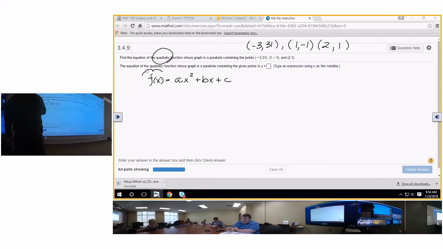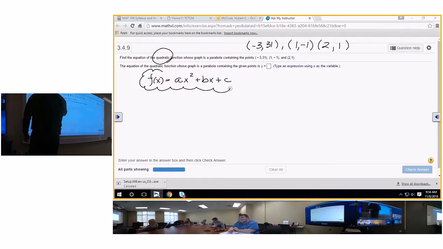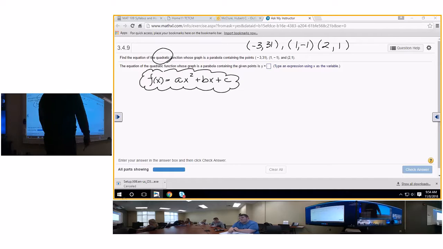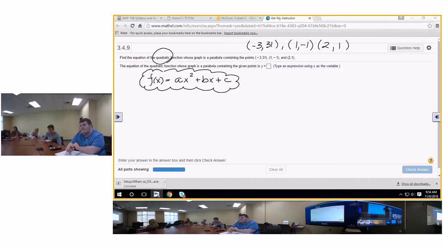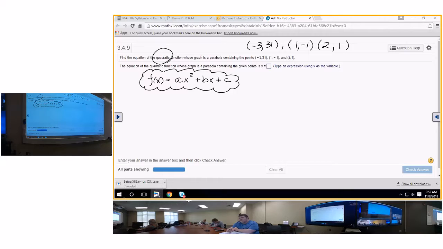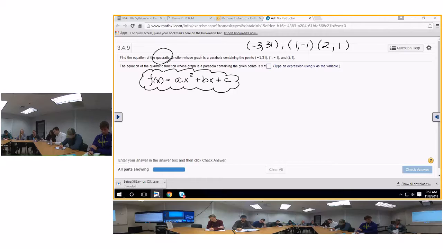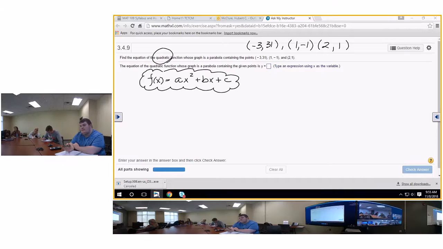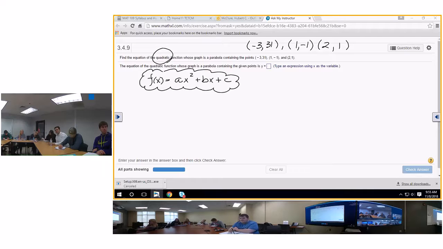There's the quadratic equation for some of y'all that's been asleep for the last month and a half. Now plug all 3 of those points in.